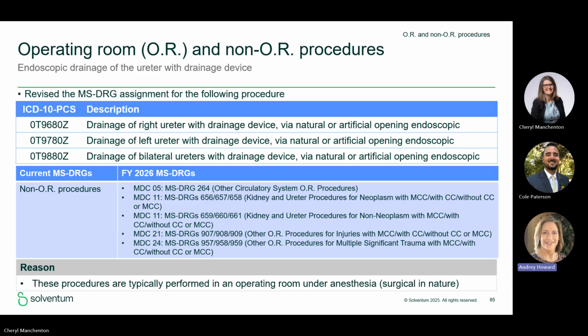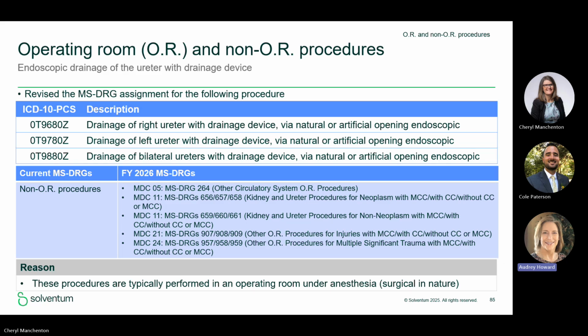So these 3 procedure codes, and they're broken out if it's right or left ureter or bilateral ureters, will now impact the MS-DRG assignment if performed. And you'll see the list of DRGs that it could go to depending on where the principal diagnosis is located.